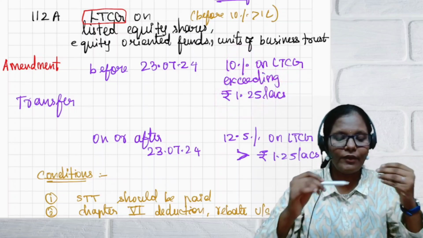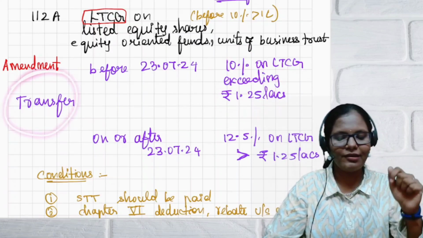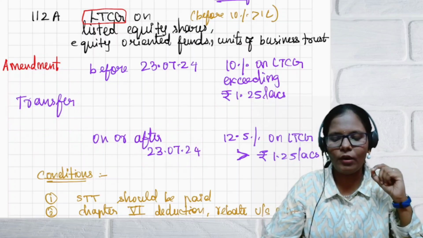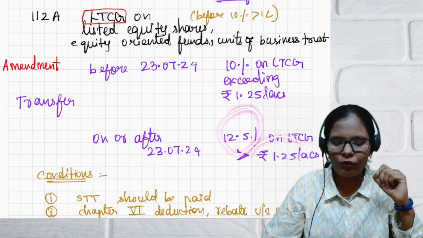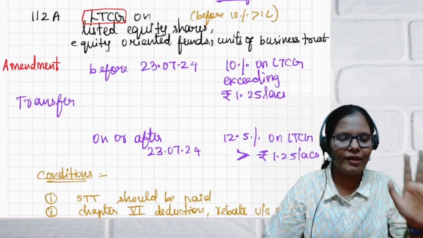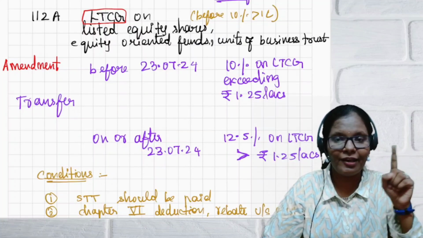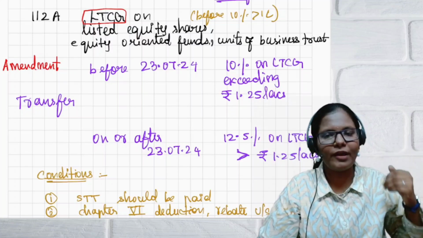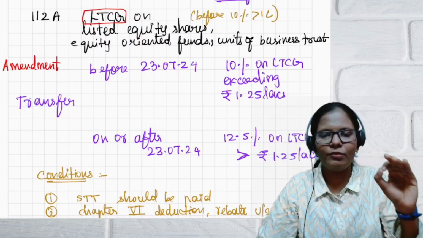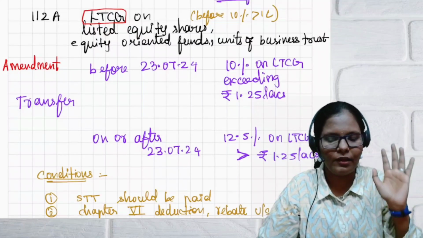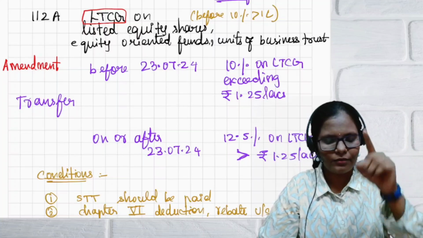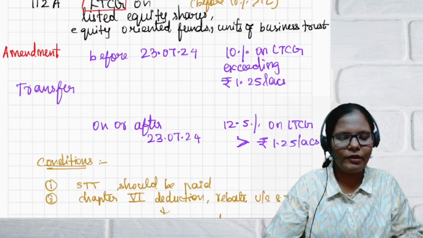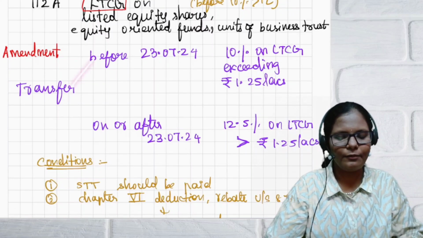Okay, if we have transferred our shares after 23/7/2024, then tax will be 12.5% exceeding 1.25 lakhs. So previously we had 10% tax exceeding 1 lakh, up to 1 lakh no tax. For our upcoming exams, this has been classified as before and after.